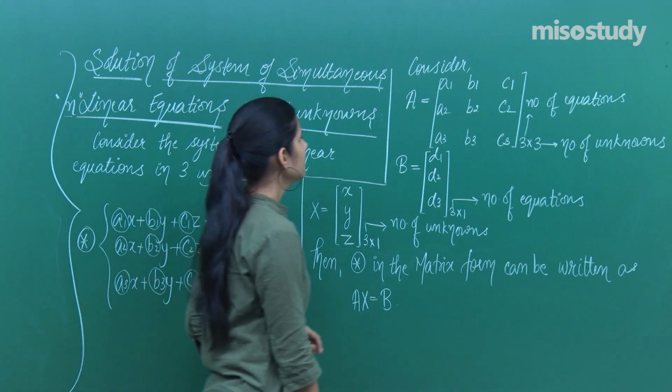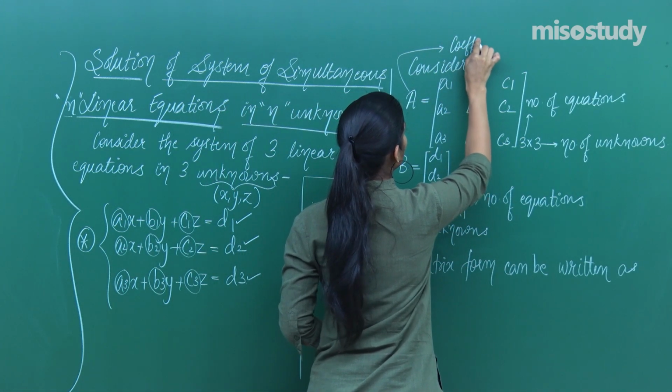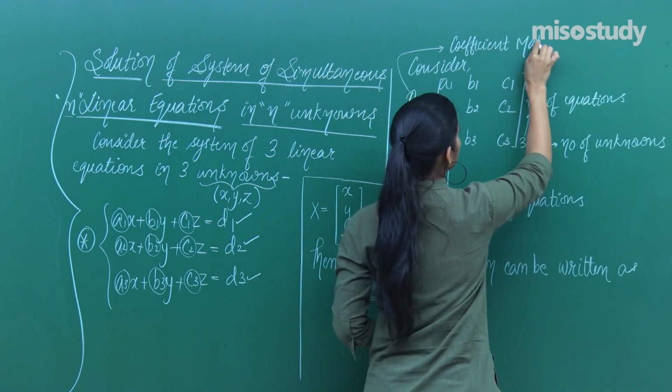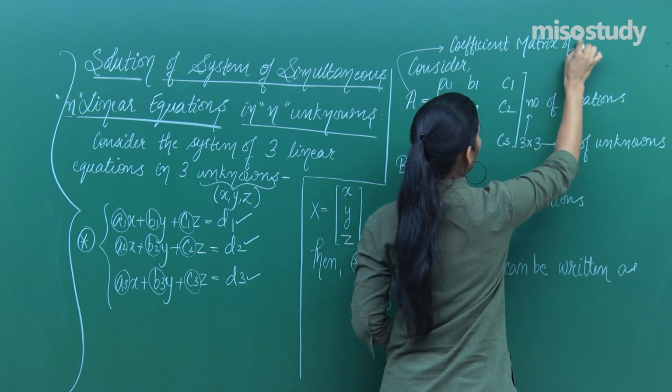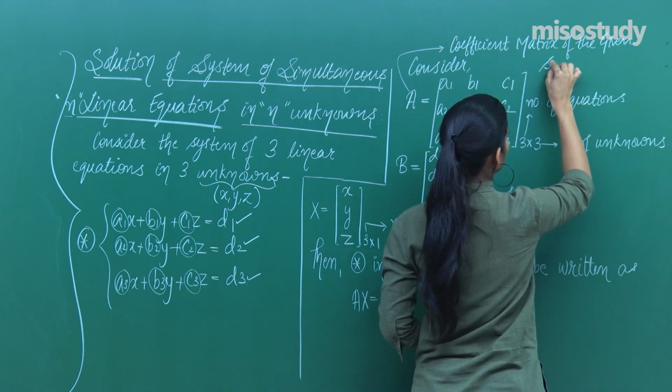Clear? This matrix A is called the coefficient matrix of the given system of equations.